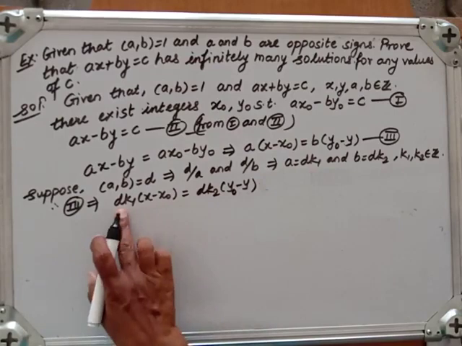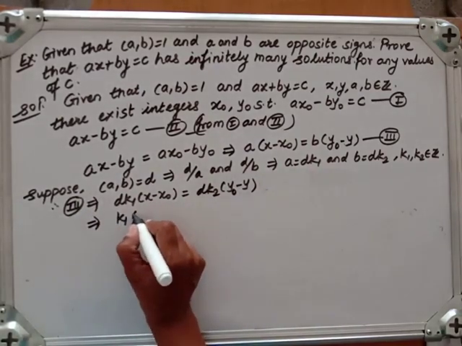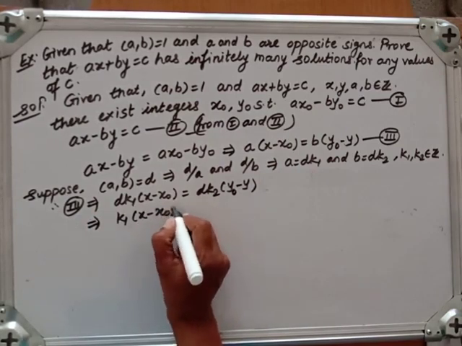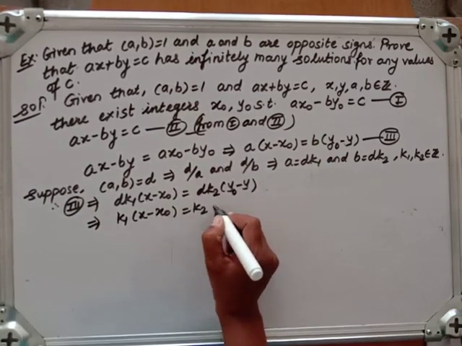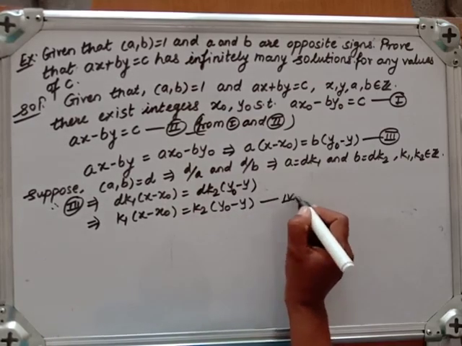Here D is non-zero, we can cancel it. So k1 into x minus x0 equal to k2 into y0 minus y. Call it equation number 4.